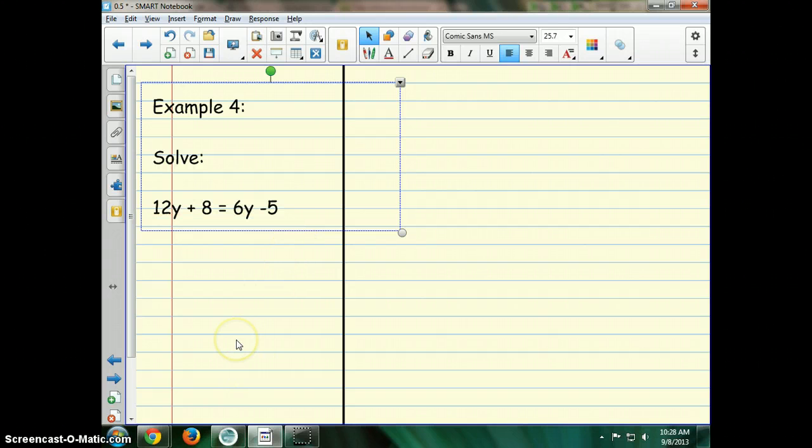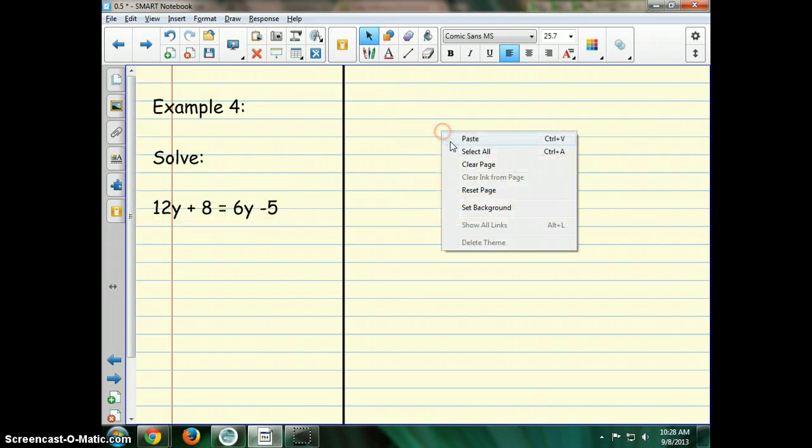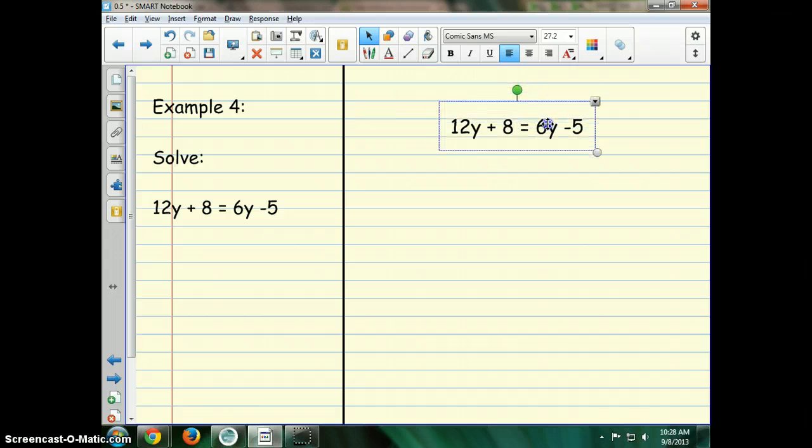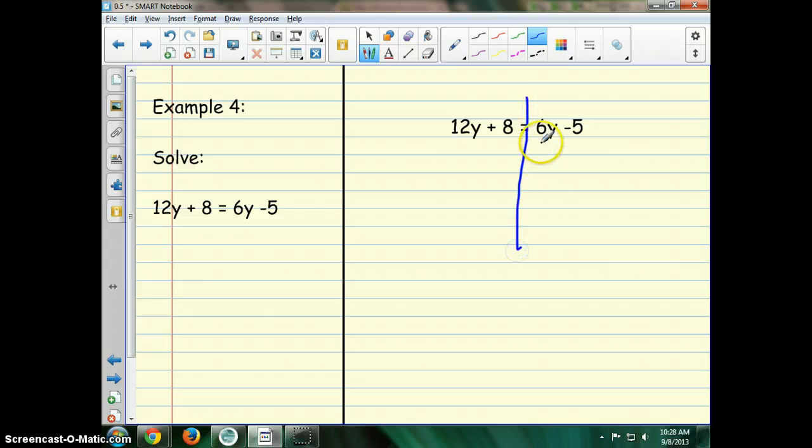Now what if we have an equation where we have a variable on both sides? What does it look like to solve that? Well, remember that just means we want to get all of the y's to one side and then get them alone. I like to always move the smaller of the two, so I'm going to move the positive 6y. To undo positive 6y, I'm going to subtract 6y from both sides. And while I'm at it, if I'm getting all the y's to the left side, I want to get all the regular numbers to the right side, so I'm going to undo a positive 8 from both sides.